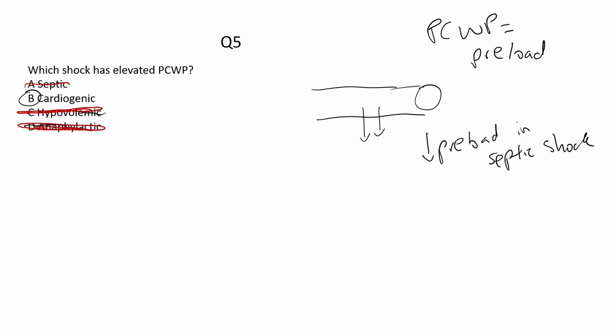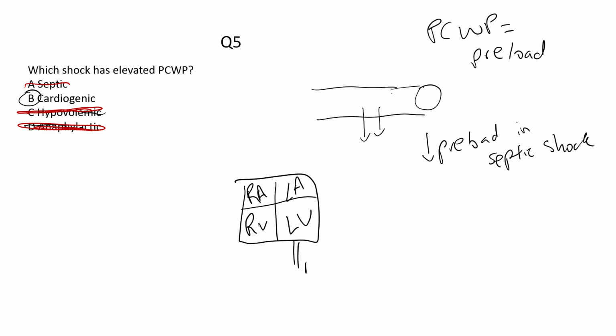It's one of the types of shocks that has increased PCWP, and the reason why, we discussed earlier, is when you have myocardial wall damage. So let's draw your heart again. We have the right atrium, right ventricle, left atrium, left ventricle. Let's say your aorta comes out from here.